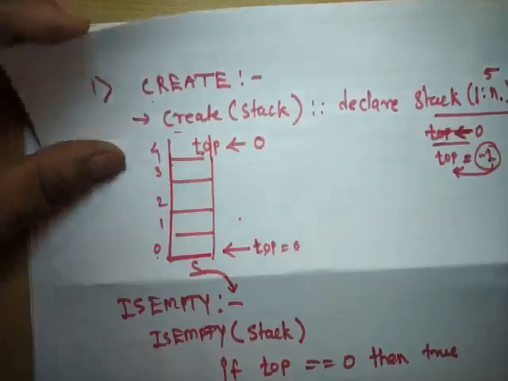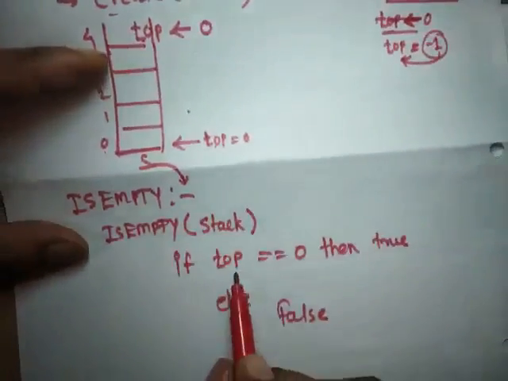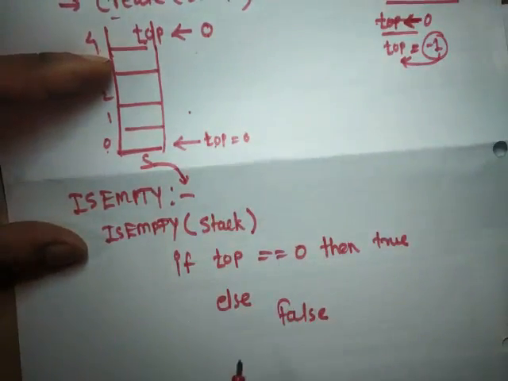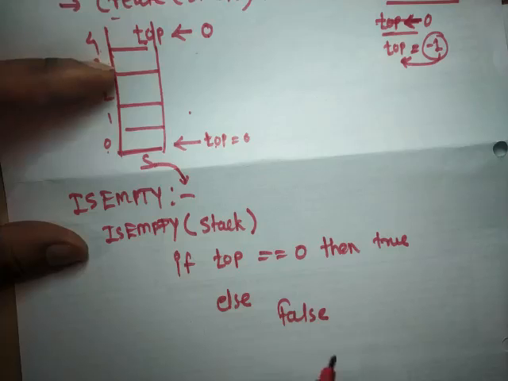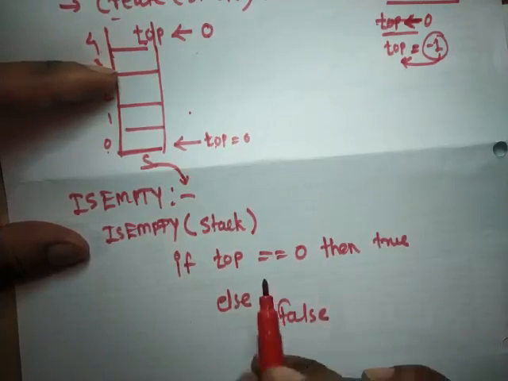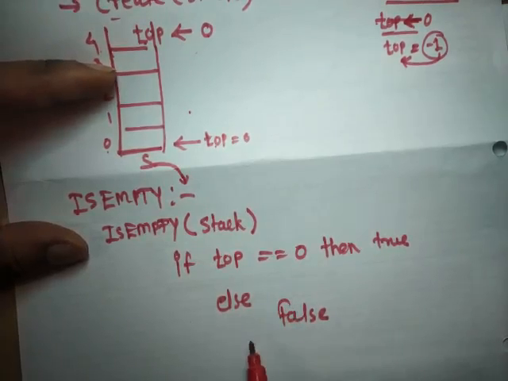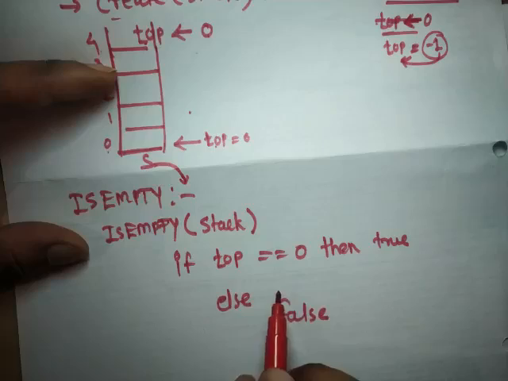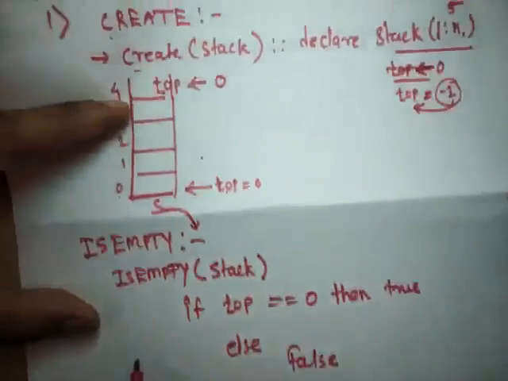So how can we find that the stack is empty? When top is pointing to index location 0, meaning simply null. If top is not equal to 0, what does it mean? There are some elements.